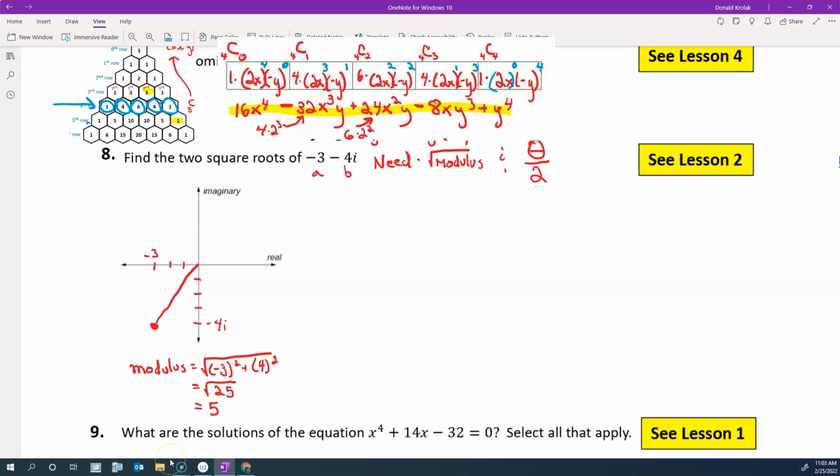So that's 5. So we did that. Okay, now you got to figure out what theta is. This is the one you got to kind of be careful with. All right, so to find theta divided by 2.